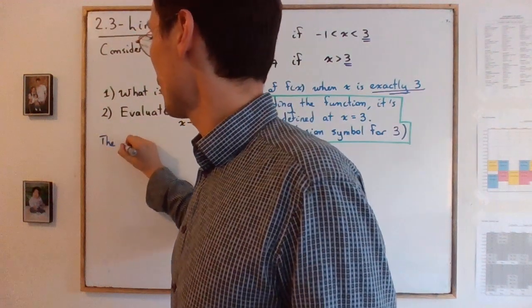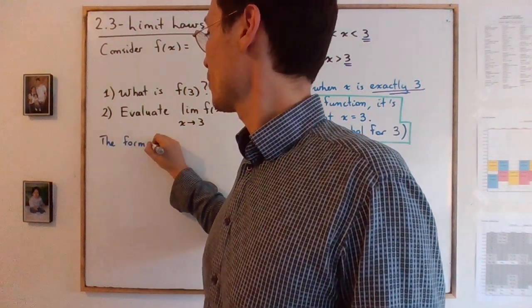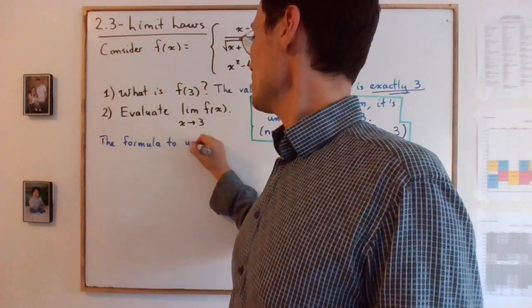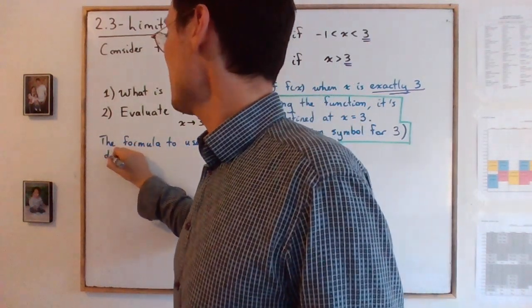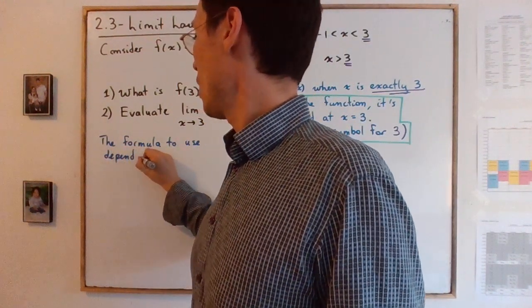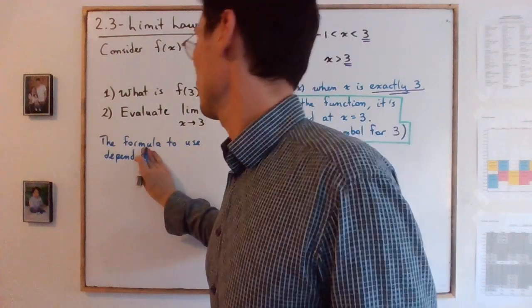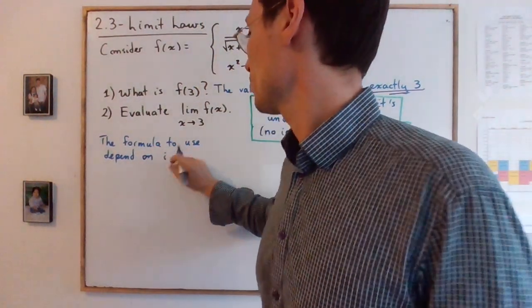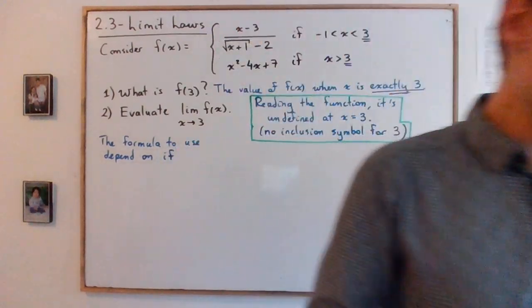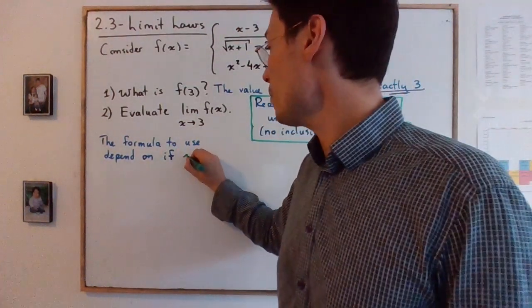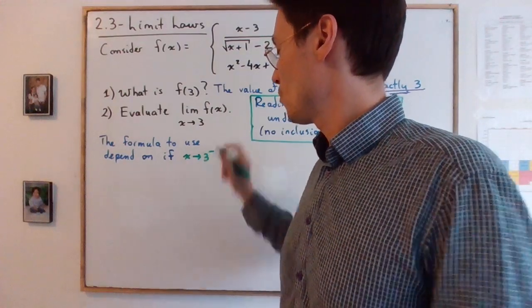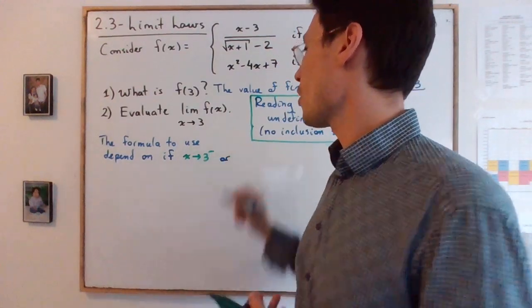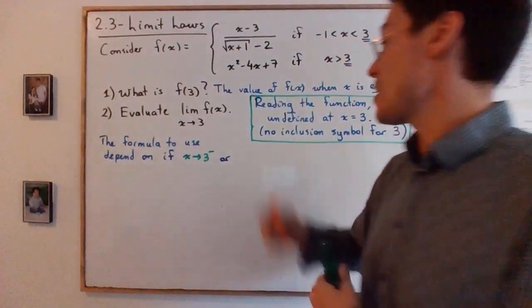So the formula to use depends on if x is approaching 3 from below or x is approaching 3 from above.